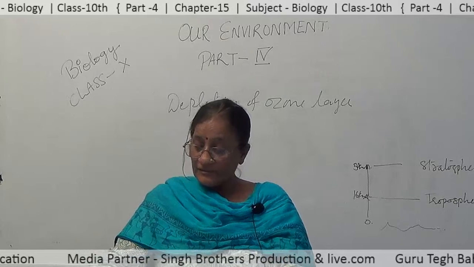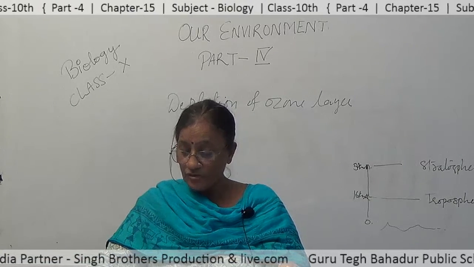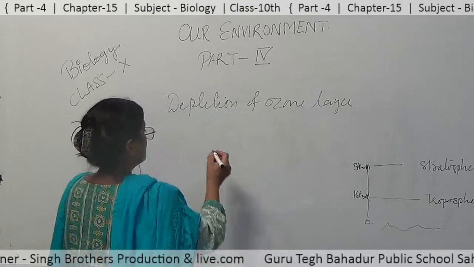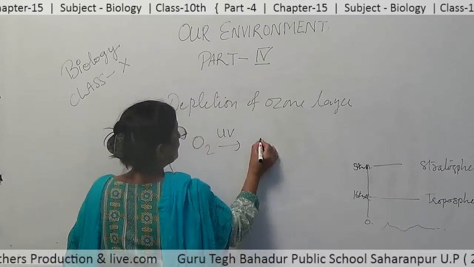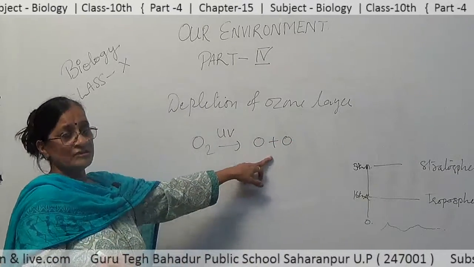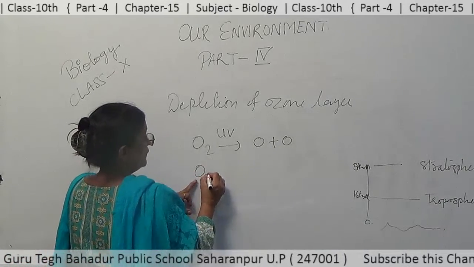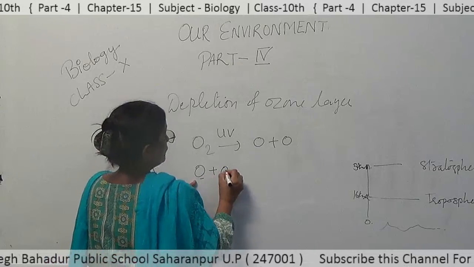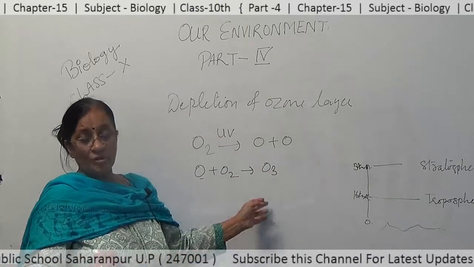These atoms then combine with molecular oxygen to form ozone, O3. When ultraviolet radiation acts on O2, it gives nascent oxygen, or oxygen atom. Then this nascent oxygen combines with O2 and forms O3, or ozone.